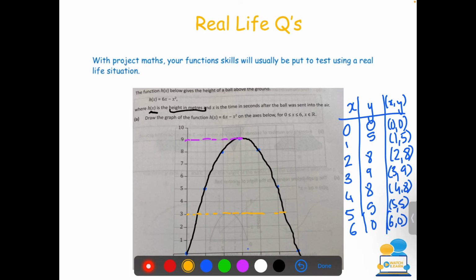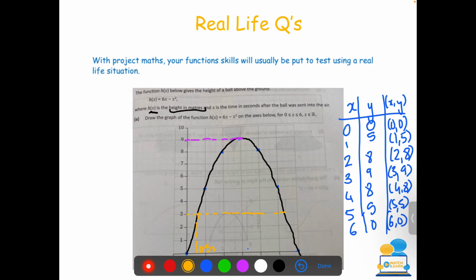So we've drawn a dotted line out from 3 meters now. And we're going to look at the times it was at 3 meters. So let's look at this first one here. To me that looks like halfway between 0 and 1. So that is 0.5 seconds.